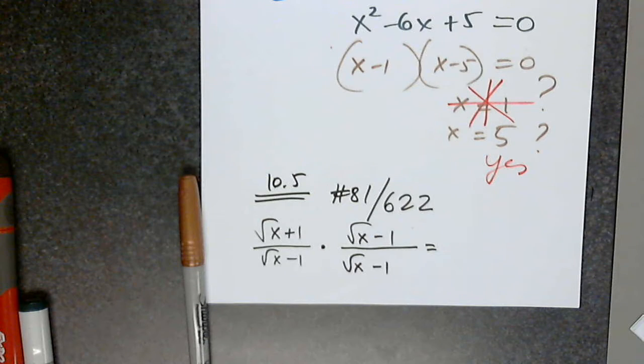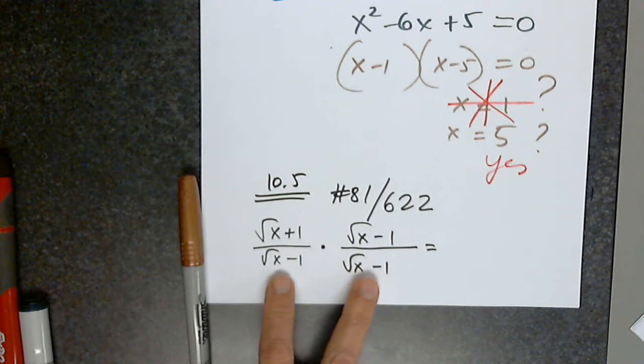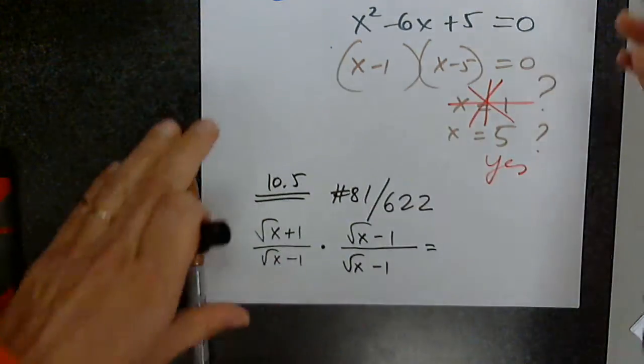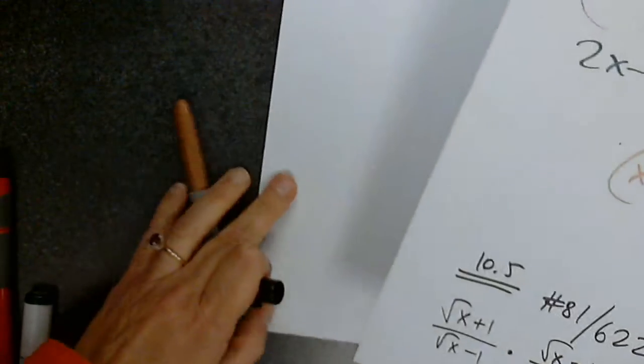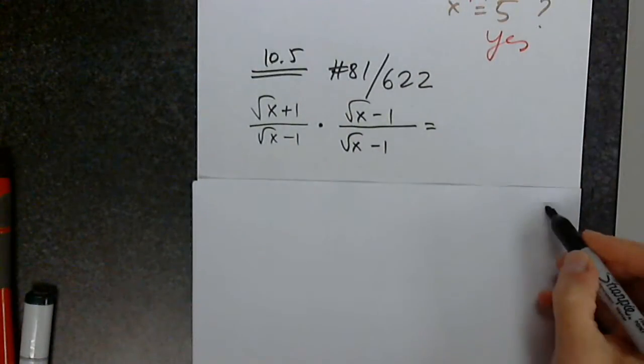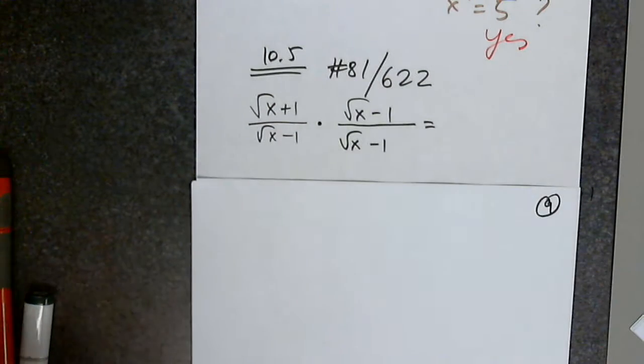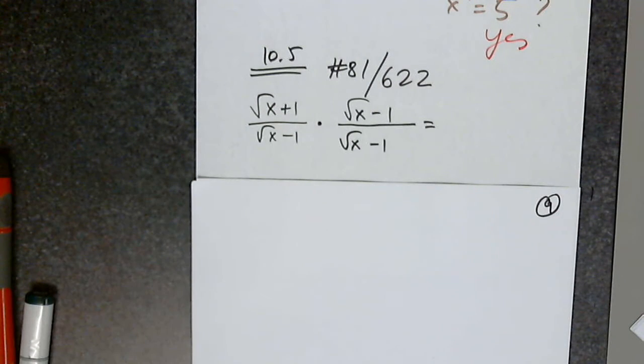Again, these are two of our special products. The top one is the difference of squares and the bottom one is something squared, a binomial squared. So tell me, when you're ready, what I should write.